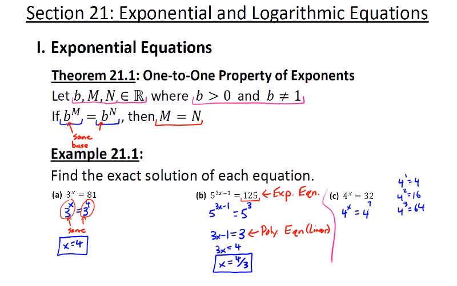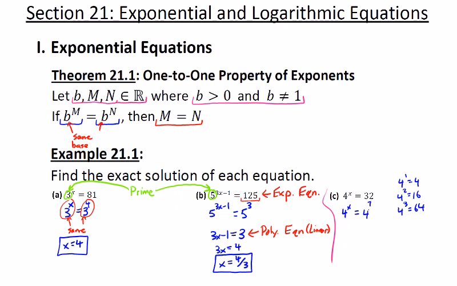So what this oftentimes means is that you're going to also have to rewrite the left-hand side. Now on part A and part B, we didn't have to do anything with the left-hand side because the base on each of the original left-hand sides, 3 and 5, those were prime numbers. So it wasn't possible for us to be able to break those down any further.